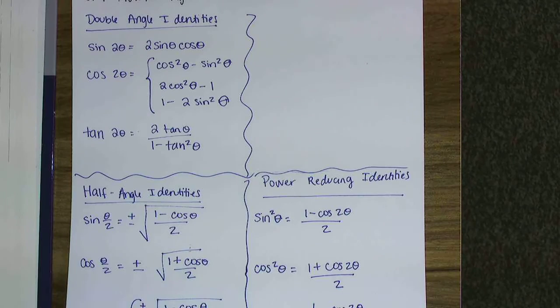It is just more of a make-you-aware-of-it, know the formulas, and know that we can use them to help us rewrite things that we need to rewrite. So that's all for today.